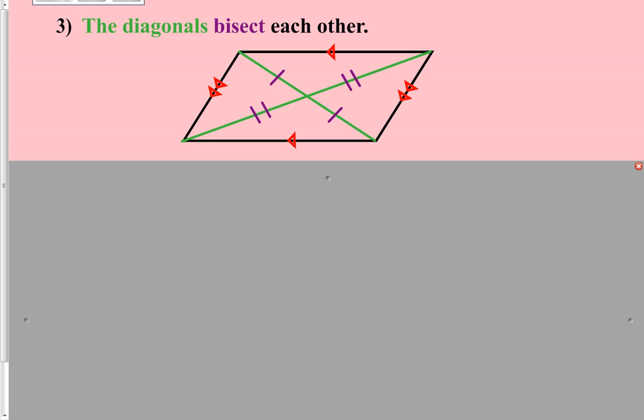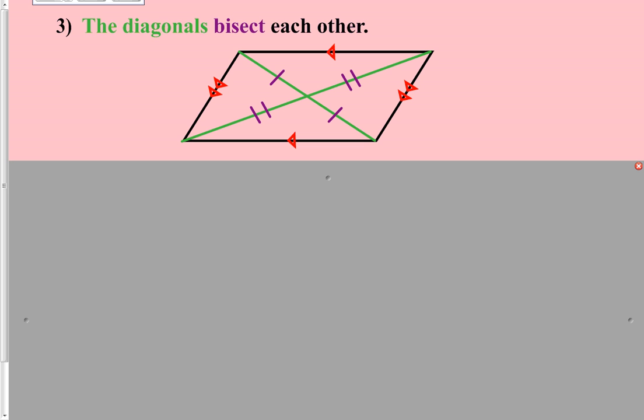The diagonals, which connect the vertices that are not consecutive, like those green guys in your picture there, will bisect each other. So whatever those lengths are of those green diagonals in the picture, they are chopped in half by each other. Once again, please notice the different styles of tick marks.